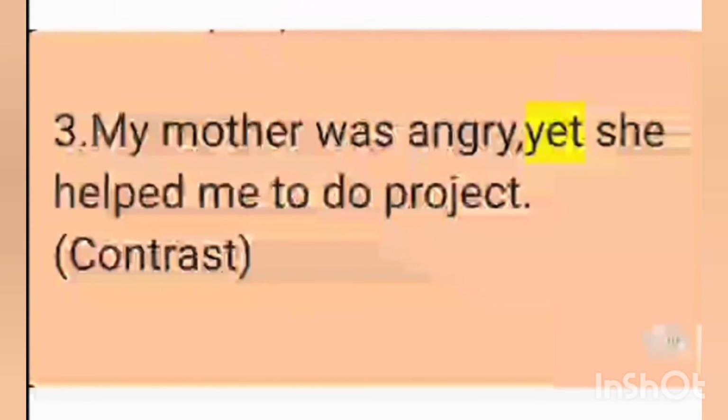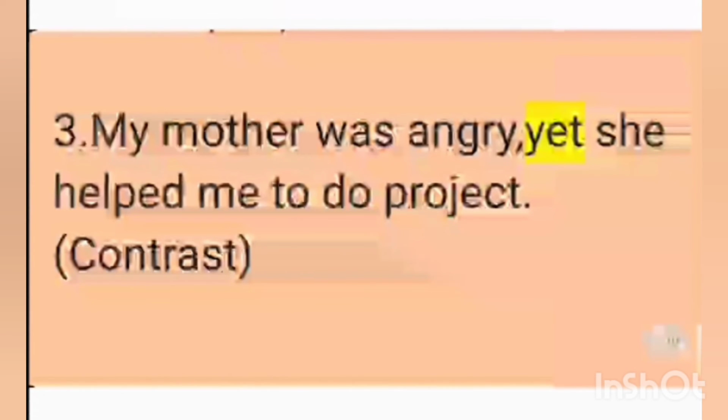Now the third one, my mother was angry, yet she helped me to do the project. Here the conjunction is yet. The two sentences are, my mother was angry, she helped me to do the project. These are two sentences, but we are clubbing those two sentences into a single one using the connecting word conjunction, and the conjunction here is yet, and yet is used as a word of contrast.